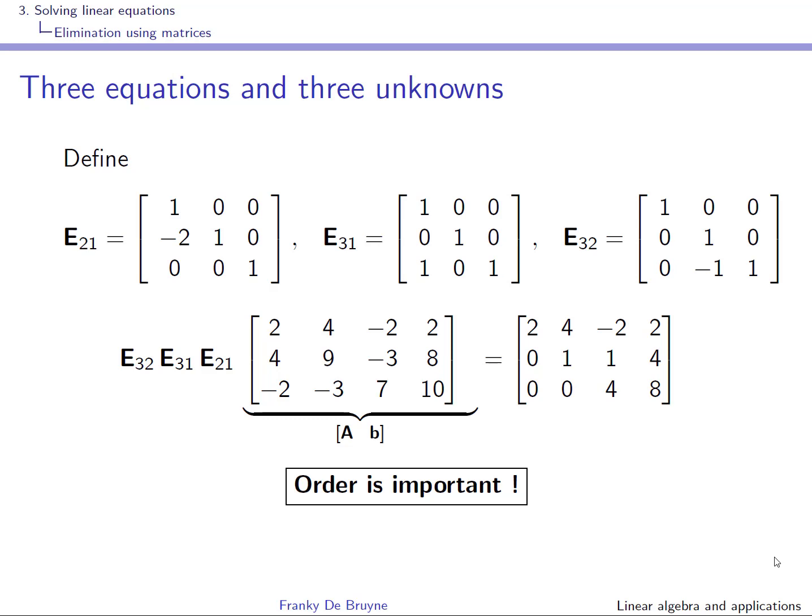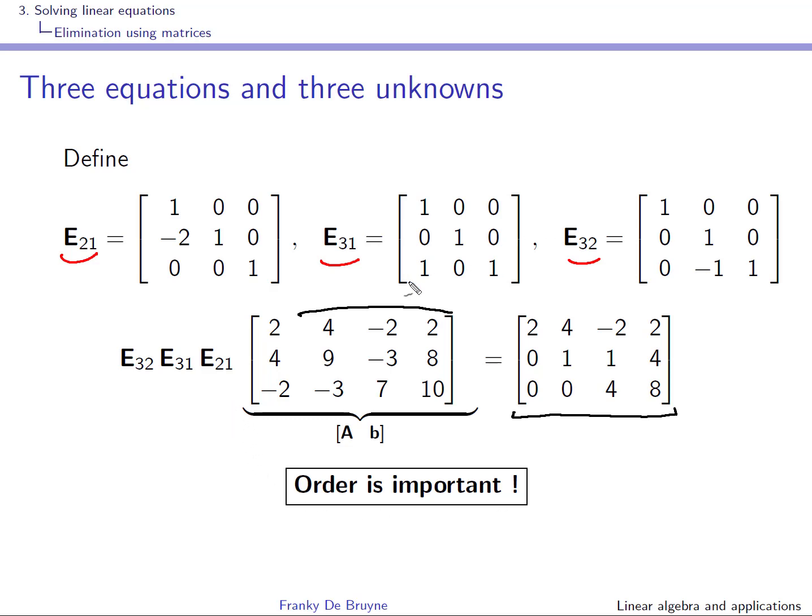So here are the 3 matrices that we had constructed previously, and you see that if you pre-multiply your augmented matrix by these elimination matrices, you obtain the final augmented matrix. It's important to respect the order of operations, right?